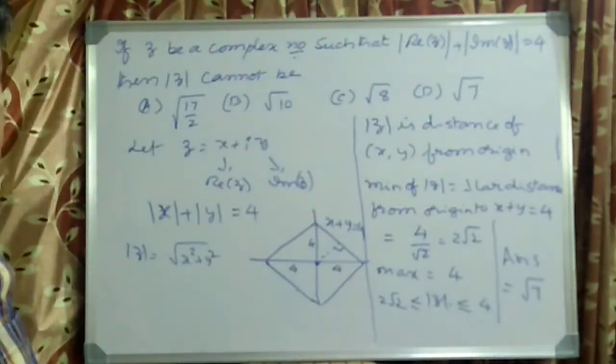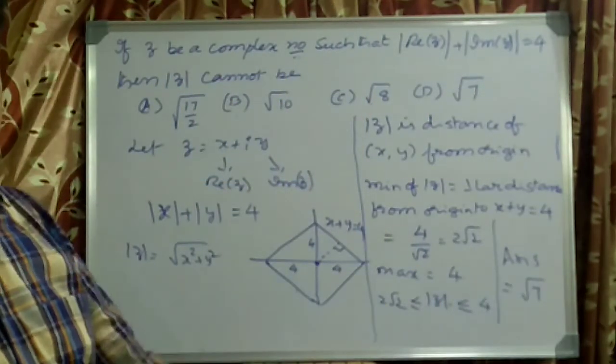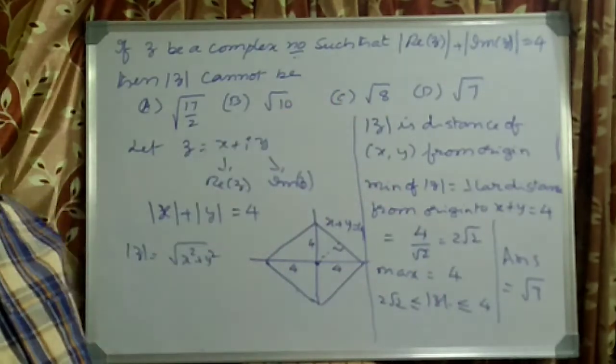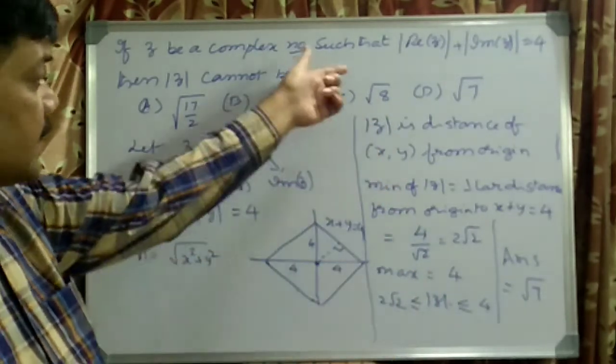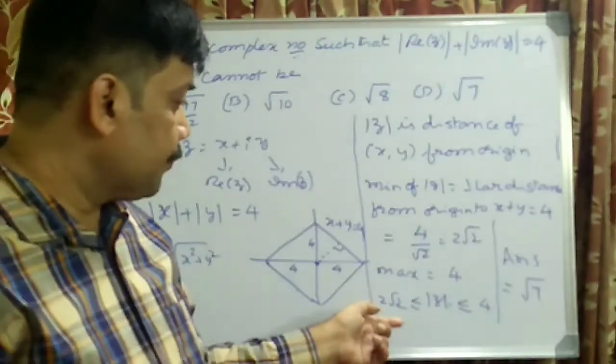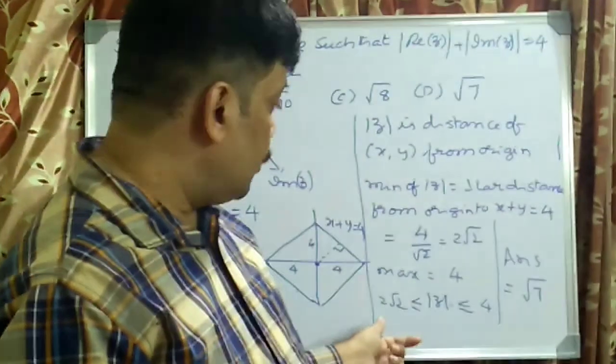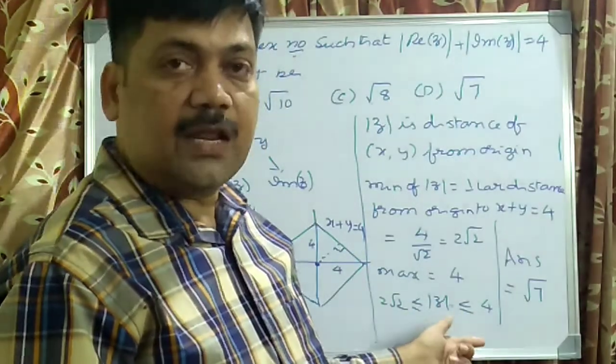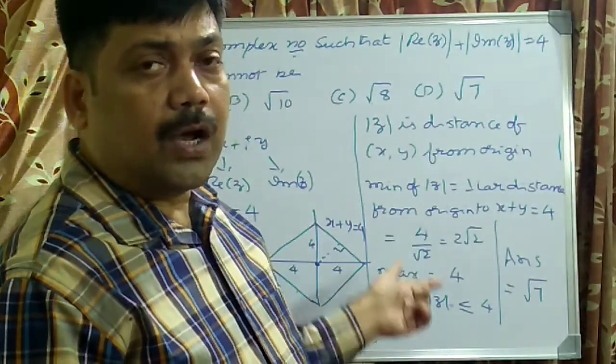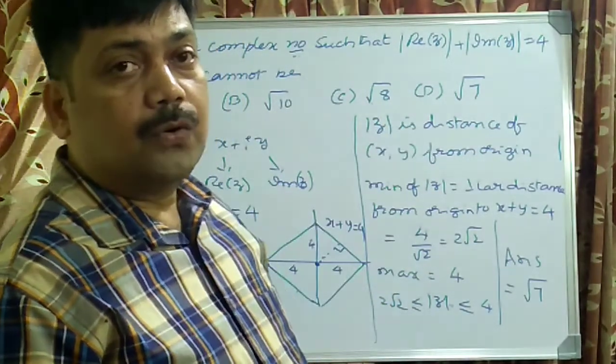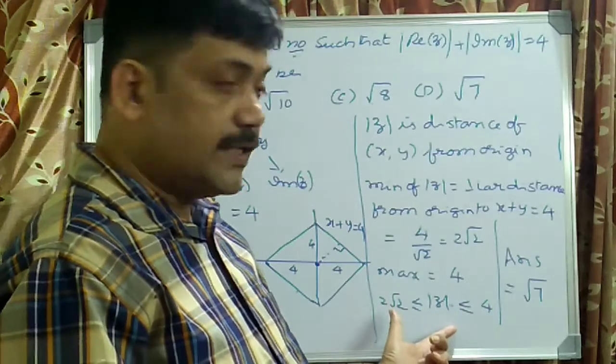But my friends, this problem is also based on the options only, because I can have the answer as any one value between 2 root 2 and 4. So out of the 4 options given, only one option is out of this range.